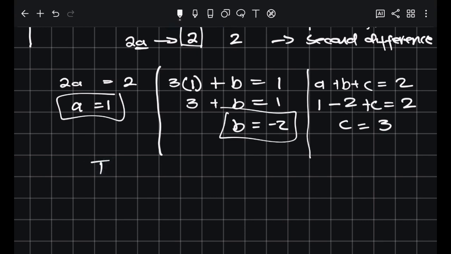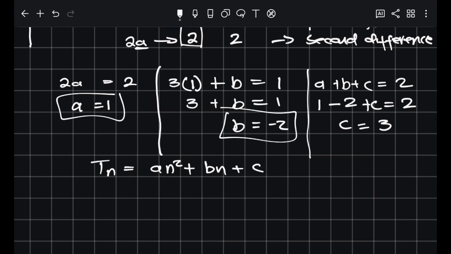Remember, our equation is Tn is equal to An squared plus Bn plus C. So let's plug in what we know. We have the value of A, the value of B, and the value of C, so we can plug in those values.